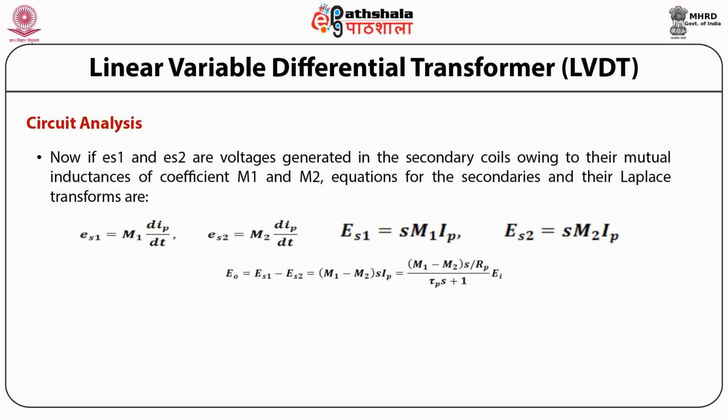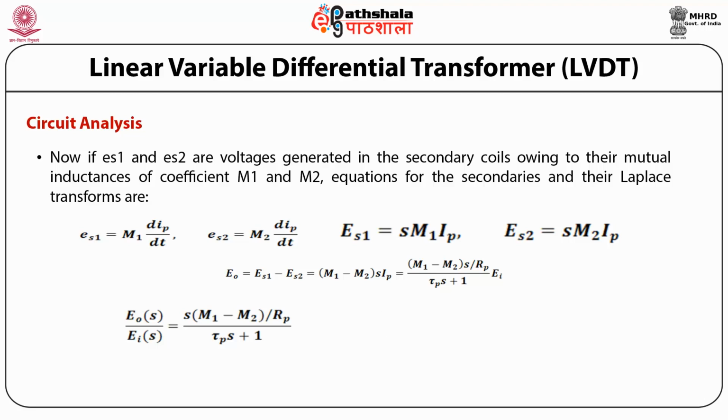(M1 minus M2) multiplied by s divided by Rp divided by (tau p s plus 1) multiplied by Ei. Now taking Ei to the denominator, the ratio will be equal to s (M1 minus M2) by Rp divided by (tau p s plus 1).